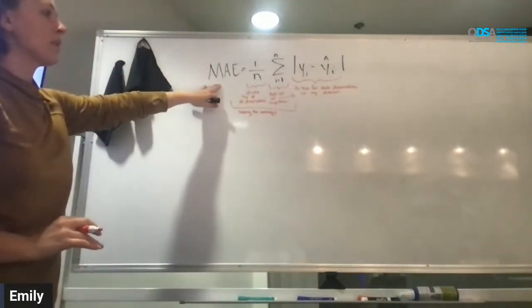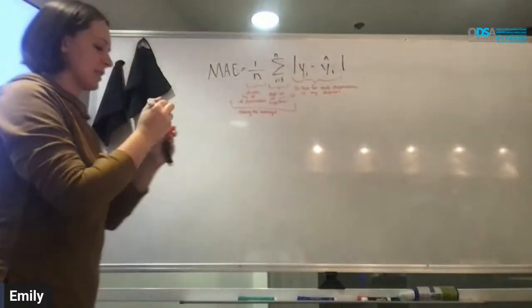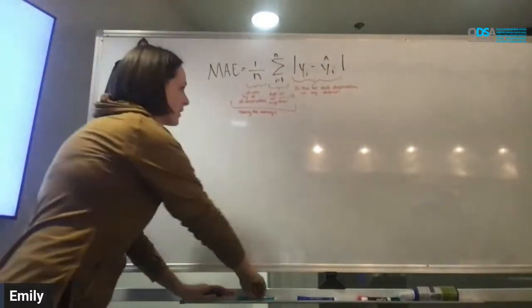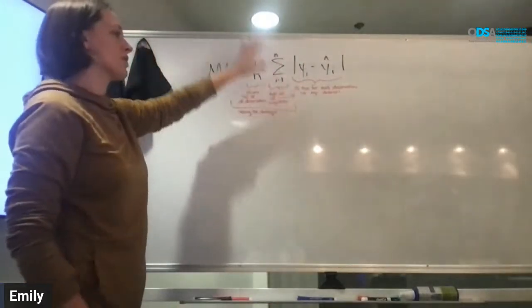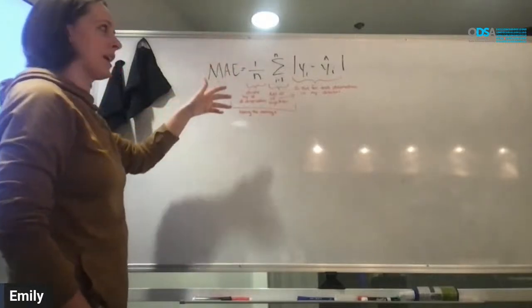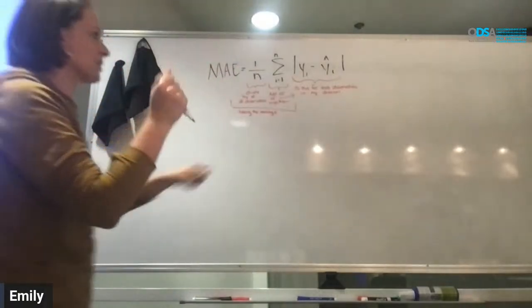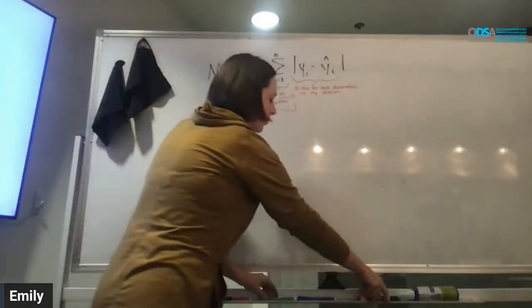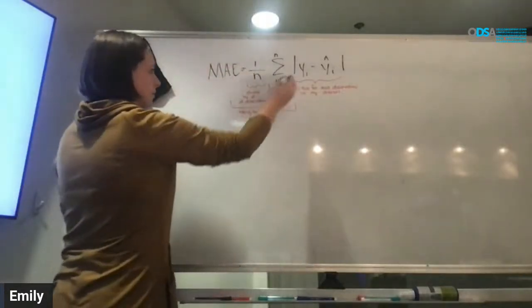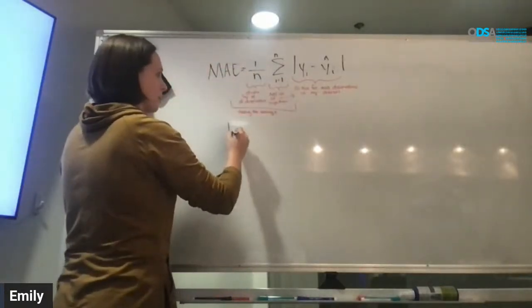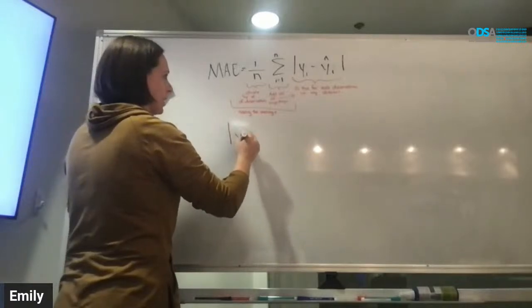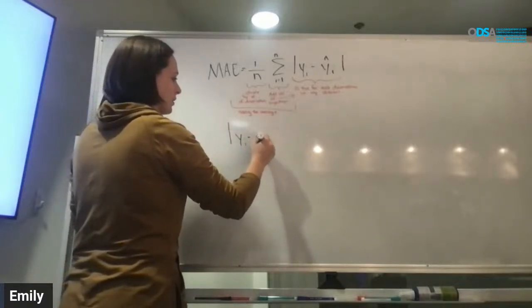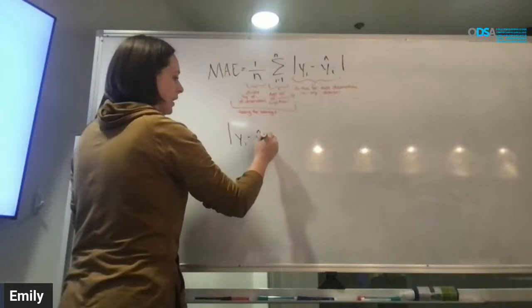So now let's break down this part. Now that we know that this is just the average, add it all together, divide by n, that's all that is. Let's think about this part here, what this means. So let's pull that out. The absolute value of y at i minus y hat at i.